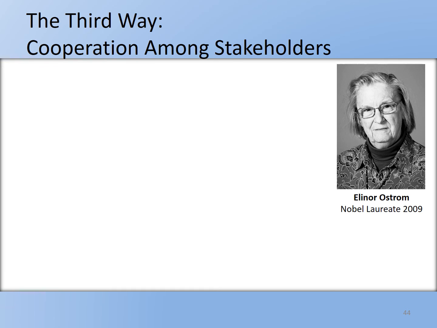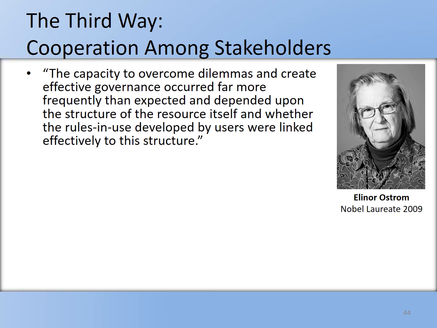That's what earned Elinor Ostrom her Nobel Prize in 2009. She's not very famous in economics, but she won the Nobel Prize for her work in this area, showing that the tragedy of the commons is not such a big problem as we might think.